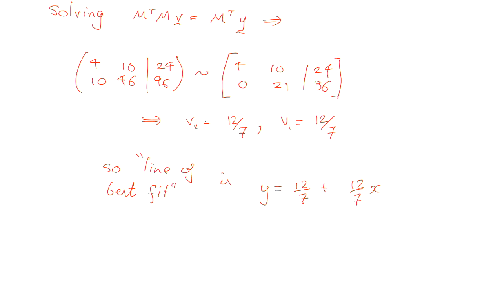Okay, so that's our line of best fit. If you draw these data points in Mathematica and draw this line through them, it'll do a reasonable job of piercing the middle of your data cloud, right?